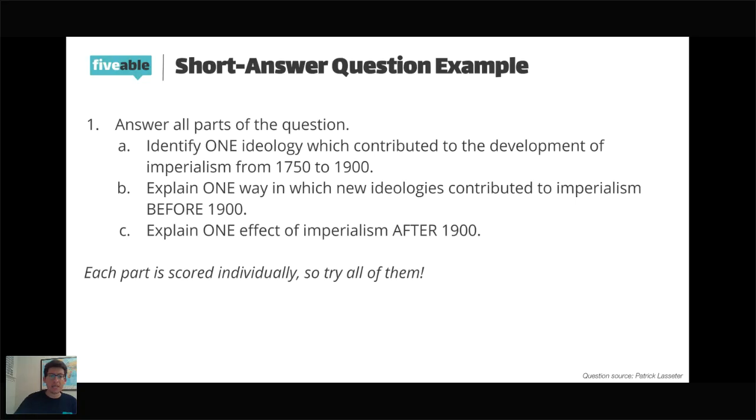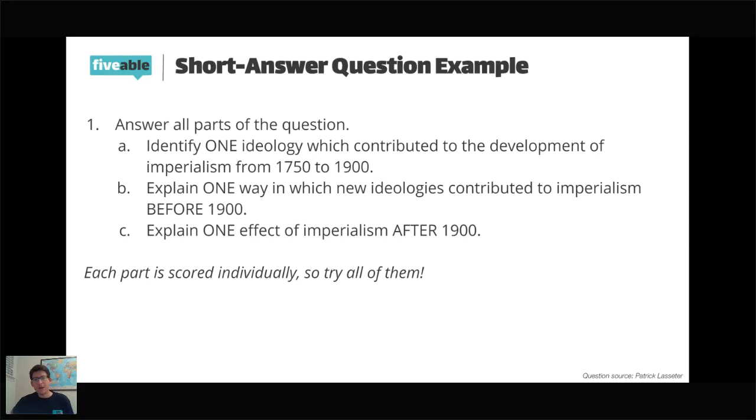But for B and C, you're asked a little bit more. Explain one way in which new ideologies contributed to imperialism before 1900. So here you have to connect an ideology. It might be what you talked about in A, or it might be a different one.